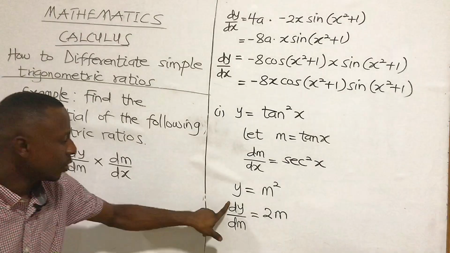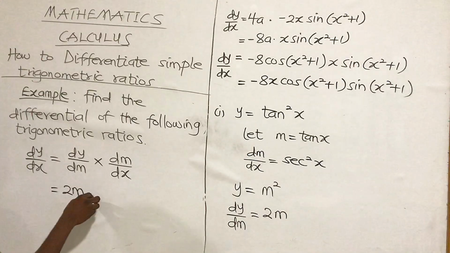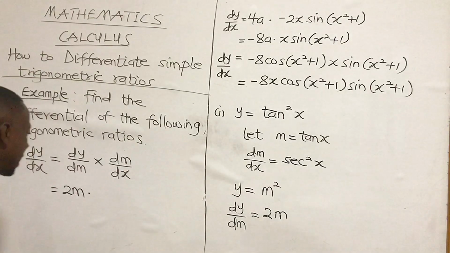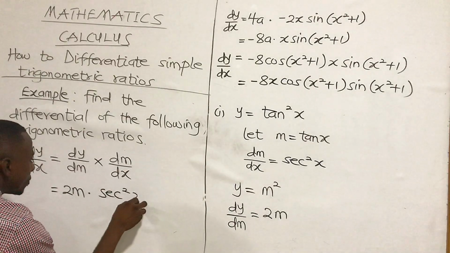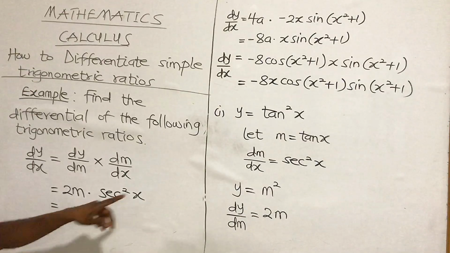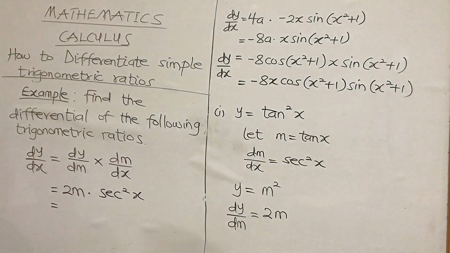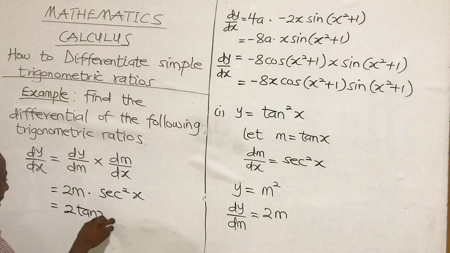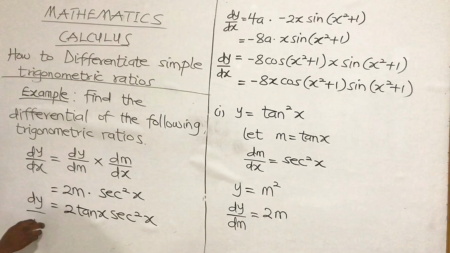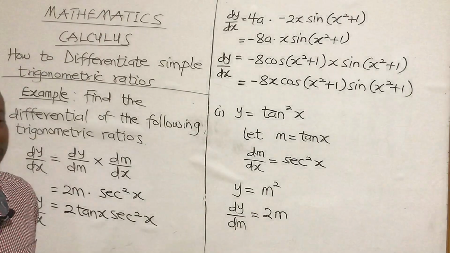So from here, dy over dm is 2m multiplying dm over dx, which is sec squared x. So from here, 2 is multiplying m. And from the substitution, m is tan x. So we have 2 tan x sec squared x. And this will be the final answer for this particular question.